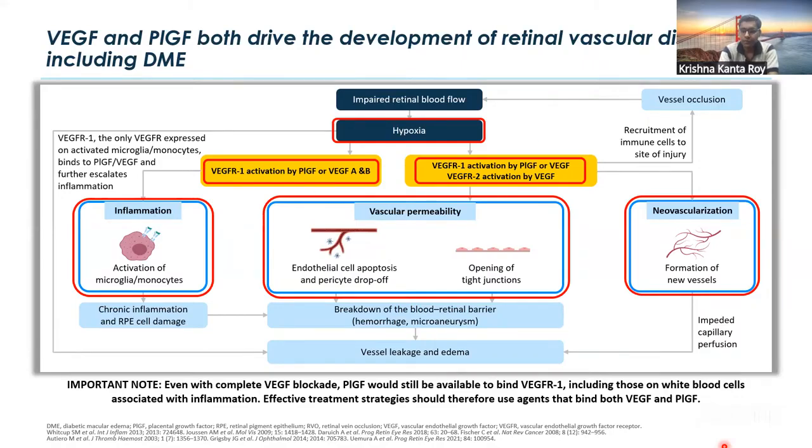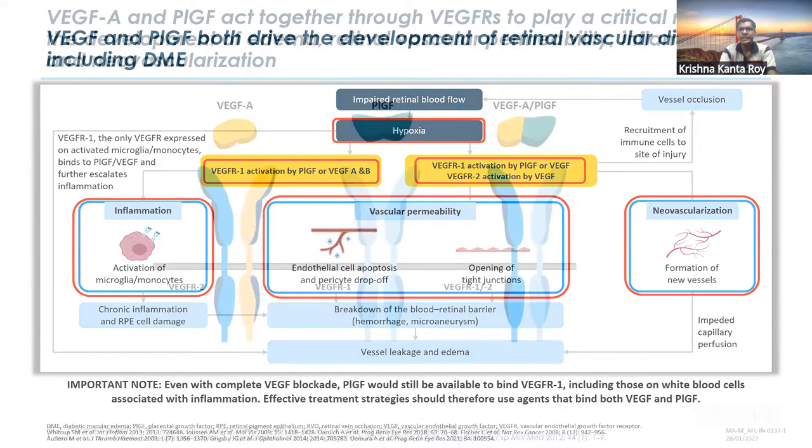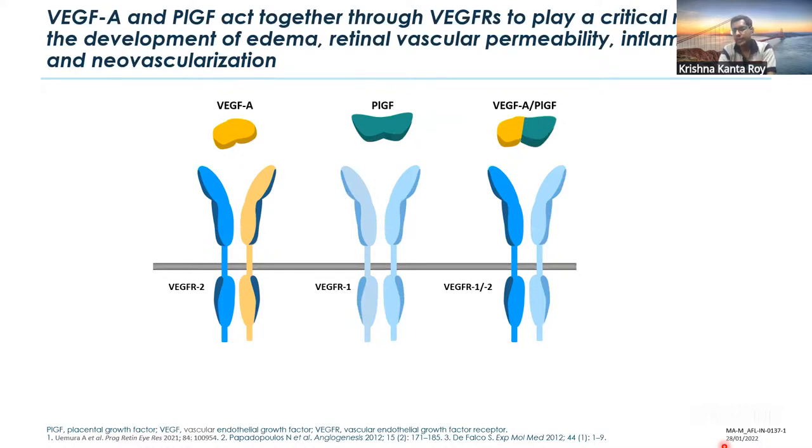Luckily, we have an agent called aflibercept that can block both placental growth factor and VEGF. So that ultimately gives good control of macular edema compared to other anti-VEGF agents, which purely control vascular endothelial growth factor.